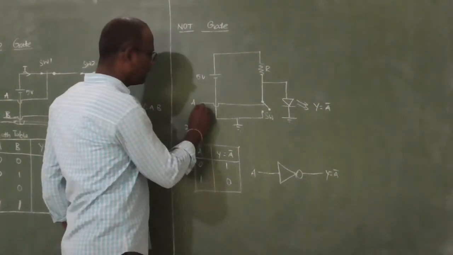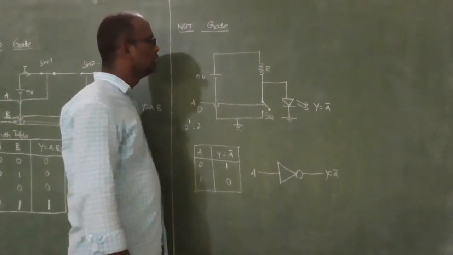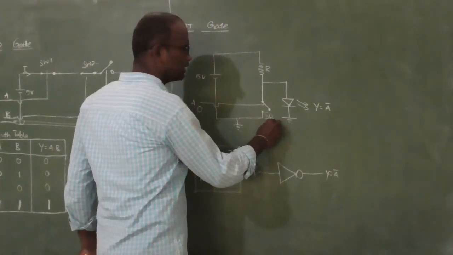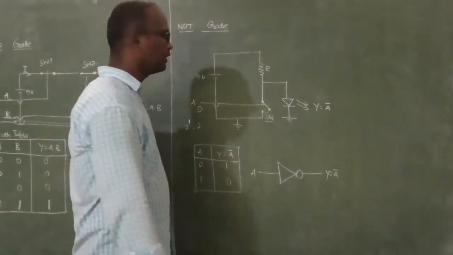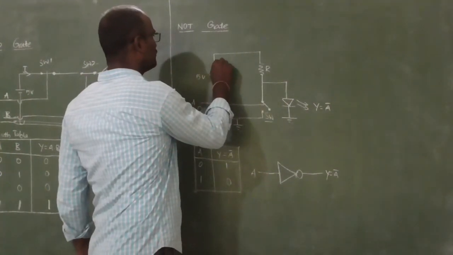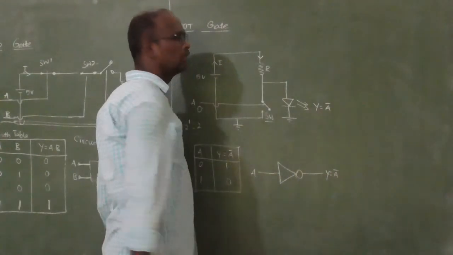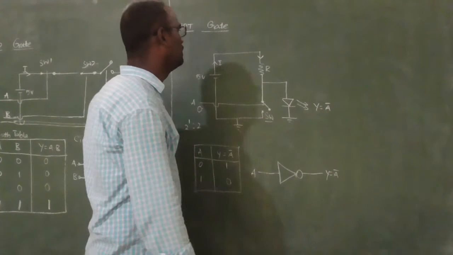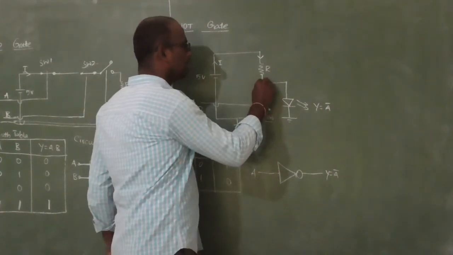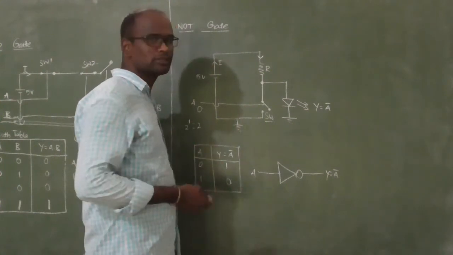If we apply logic 0 for this A input, then the switch is in open condition, isn't it? Since the switch is in open condition, the current driven from the 5-volt battery will reach the current limiting resistor R. After that, it enters into the 2 parallel paths.